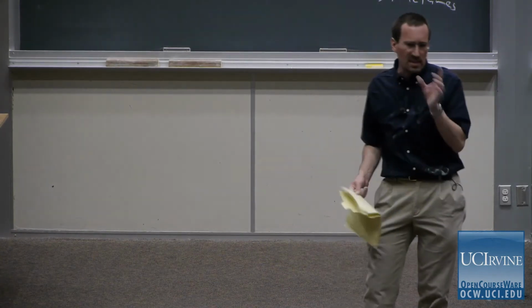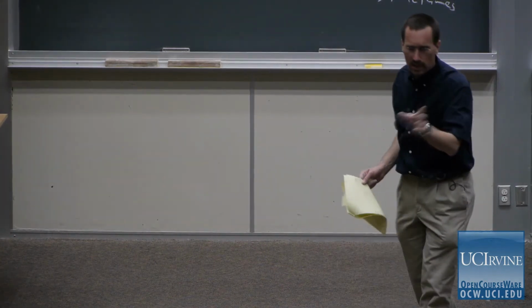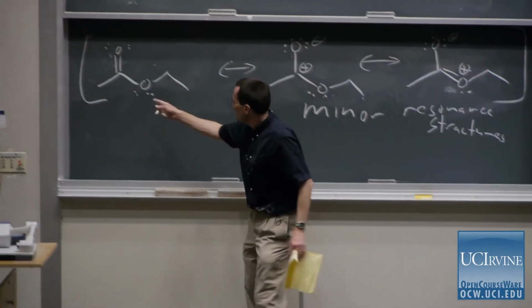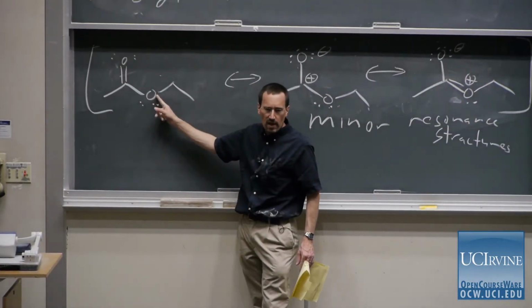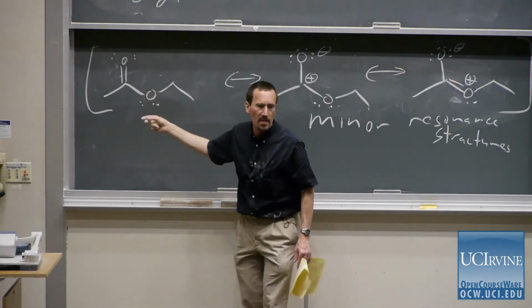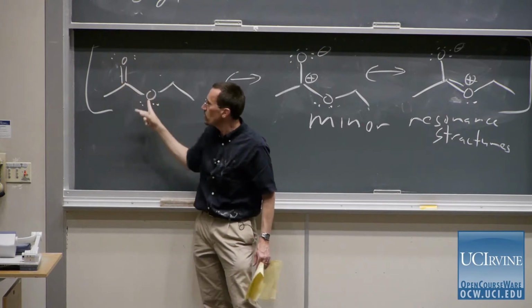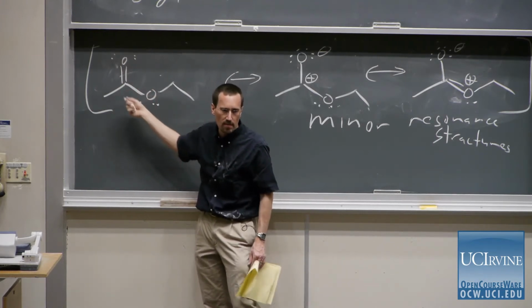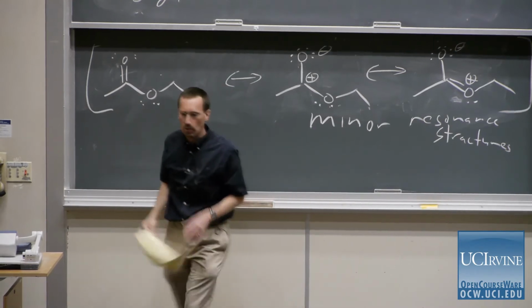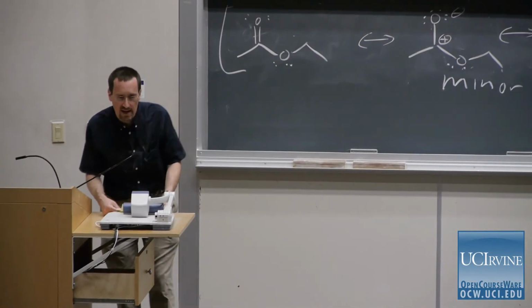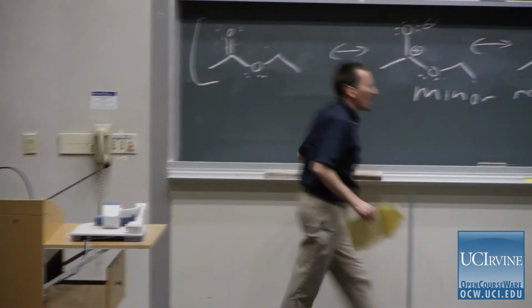The one thing that these resonance structures don't really embody is the fact that this oxygen, while it's donating electrons through resonance, is also pulling them away in the sigma bond. So in other words, we have these 2 oxygens pulling in opposite directions through the sigma bonds to pull electrons away. And for that reason, ethyl acetate isn't as polar as you might otherwise think.